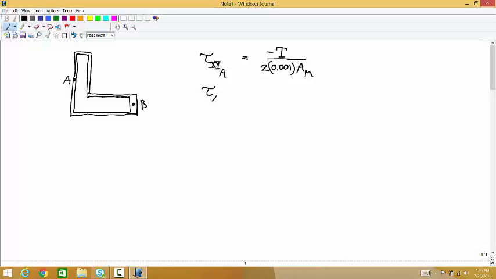And when you calculate it at B, where that 0.001 is for A, it's going to be 0.003. So the stress is going to be a third as much.